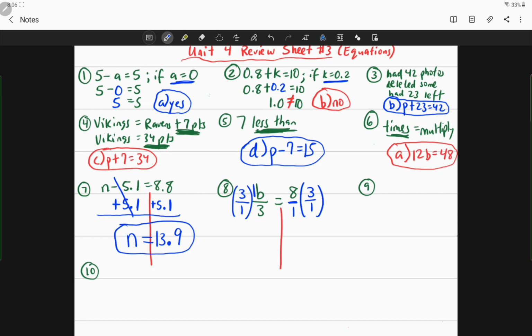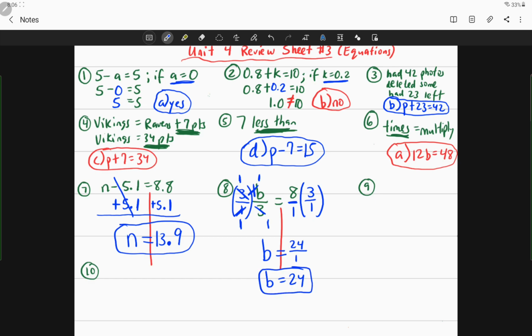So our 3's will cancel because 3 divided by 3 is 1, and the 1's cancel because 1 divided by 1 is also 1. So again, the whole point in multiplying by the reciprocal is to get rid of that fraction and to get our variable by itself. So now it is, bring down the b, bring down our equal sign, multiply our numerators. 8 times 3 is 24, over, multiply denominators. 1 times 1 is 1. So we can simply say b is equal to 24.